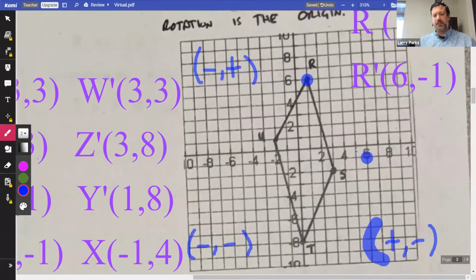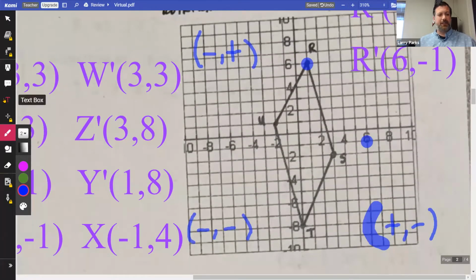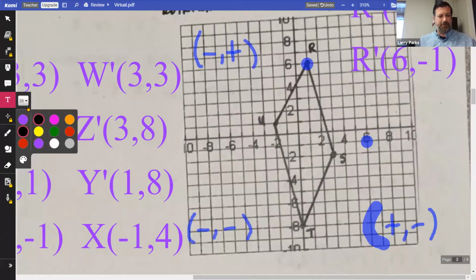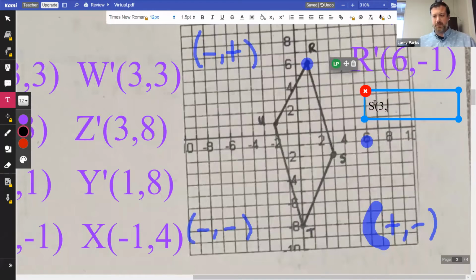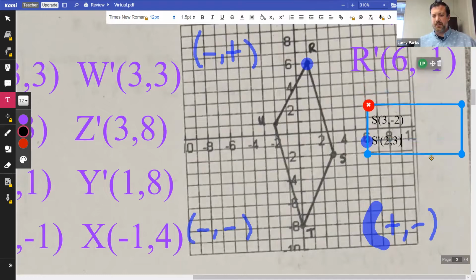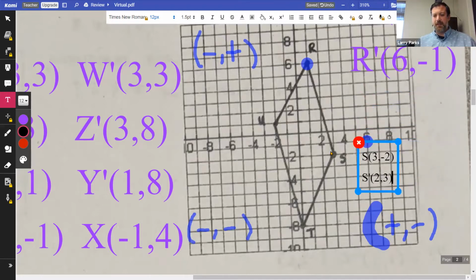All right, so now let's go to the point S. S starts at 3, negative 2. So I flip-flop the 3 and the negative 2. That becomes, and I usually just drop the sign, so that becomes 2, 3. And then I remember that when it comes over here, because it's going to move from here to here, both of those should be negative.